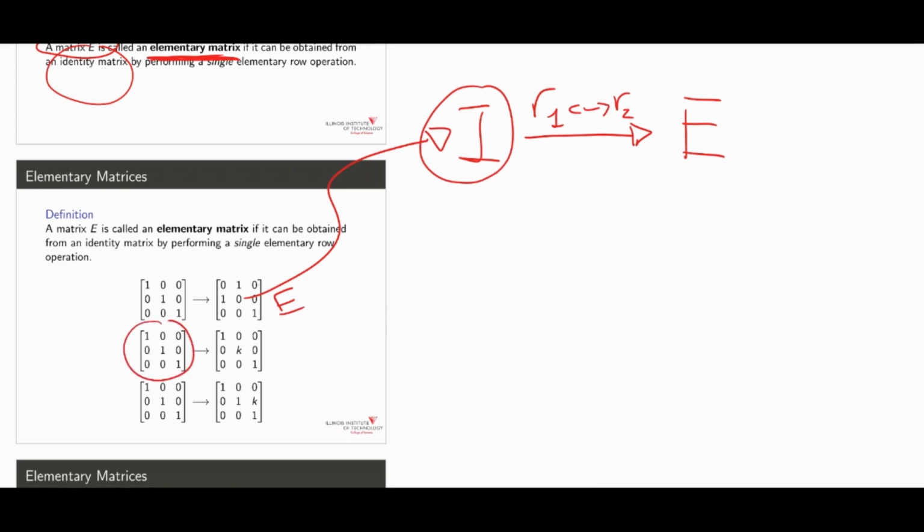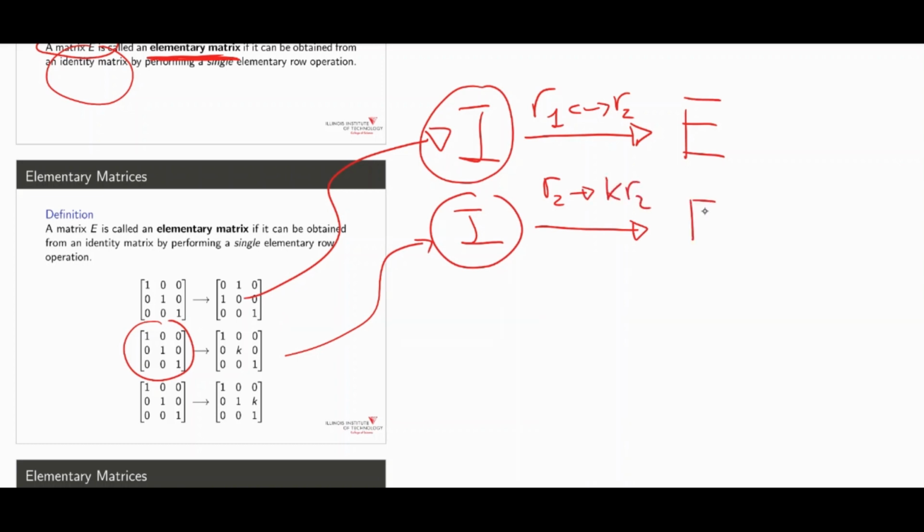Let's start from this identity matrix right here, and say we perform one single row operation. That single row operation is k times the second row. And we get to this elementary matrix. This is an elementary matrix because we obtained this particular matrix by doing one single row operation on the identity matrix.